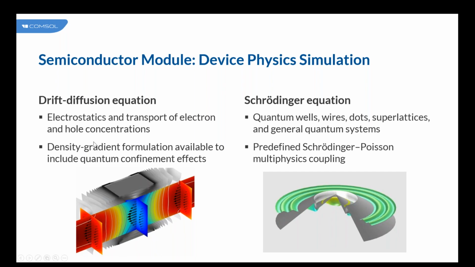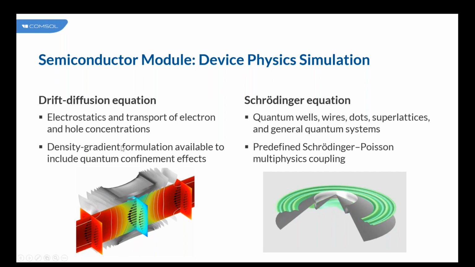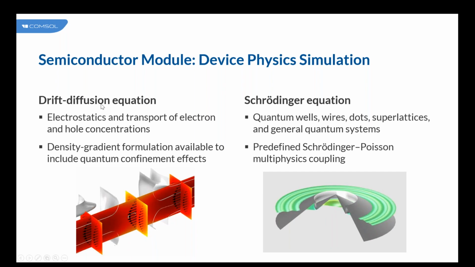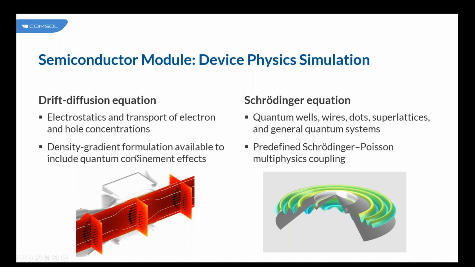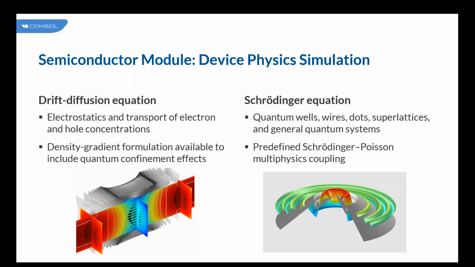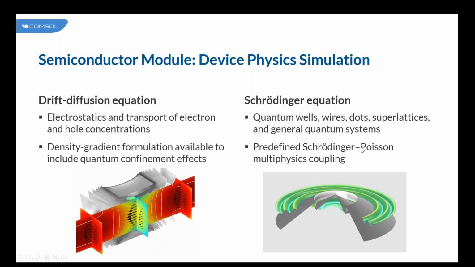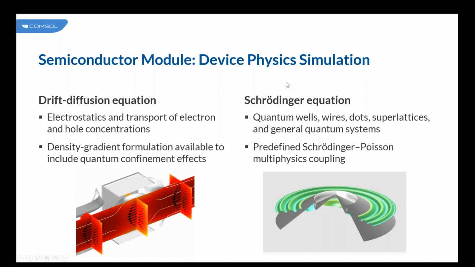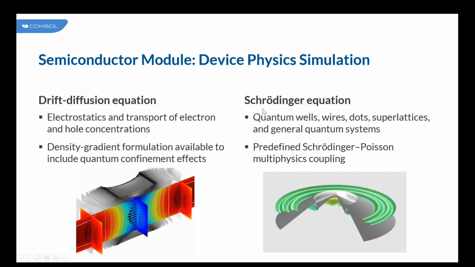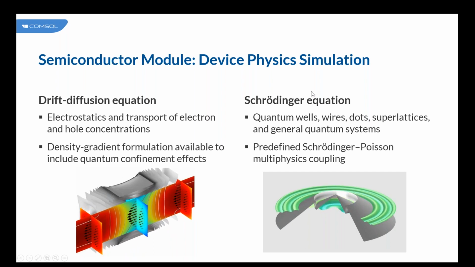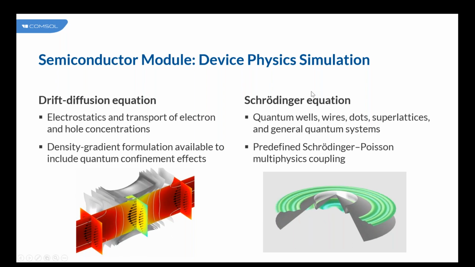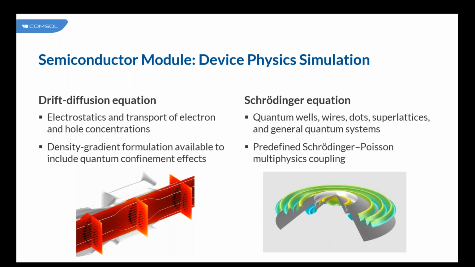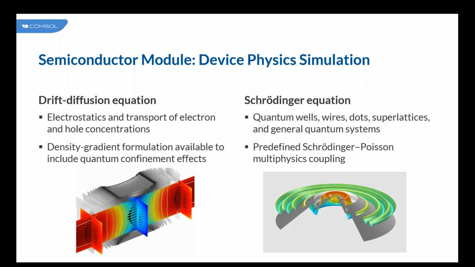We also have a special density gradient formulation based on this drift-diffusion equation to add quantum effects in your model, instead of solving the whole Schrödinger equation interface. So we do provide this to solve quantum systems such as quantum wells, wires, dots, and superlattices, and to obtain those band gaps.